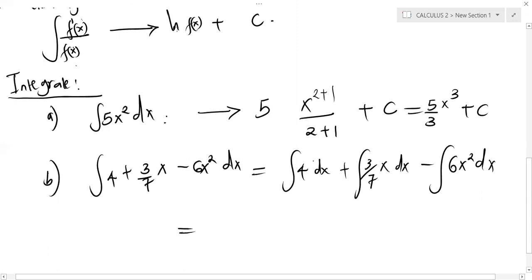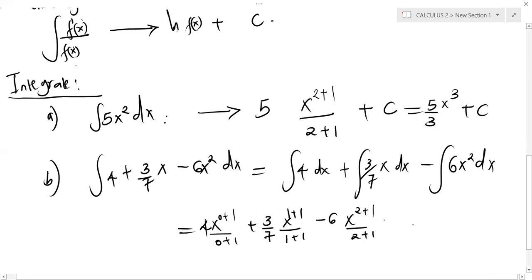Okay, because x raised to power 0 is 1. So integrating it, that will be 4x^(0+1)/(0+1) plus 3/7. Integrating x, that will be x^(1+1)/(1+1) minus 6. Integrating x squared, that will be x^(2+1)/(2+1).